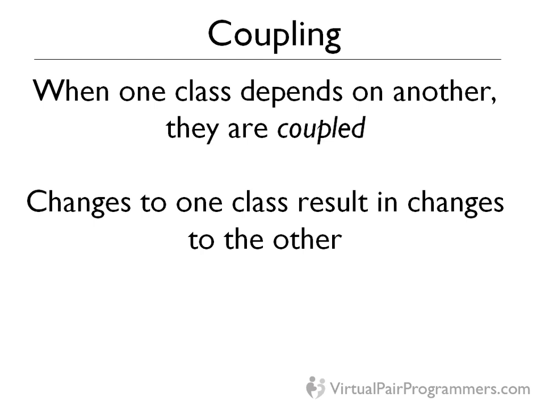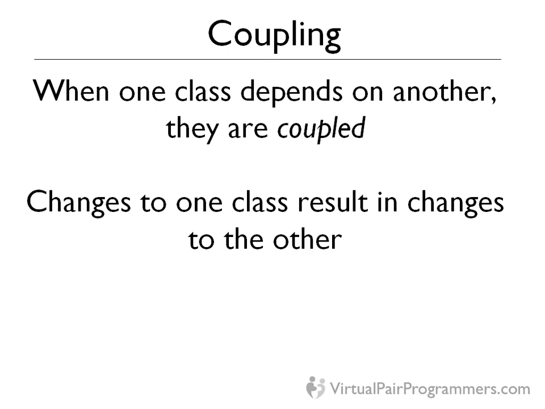Now, we need coupling in any application. Otherwise, all of your classes would be disconnected from all of the other classes. And without talking to each other, the classes aren't going to be very effective. We need some coupling. But the trick is to reduce coupling as much as possible. It's unnecessary coupling that's a bad thing.